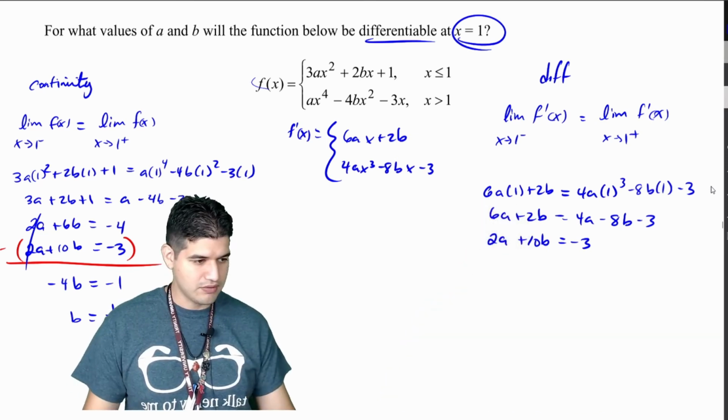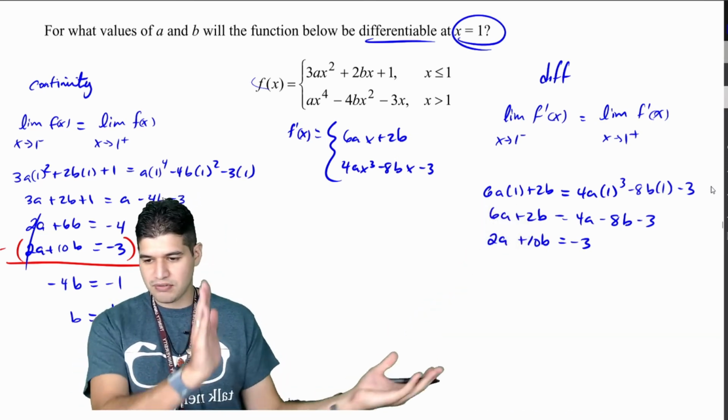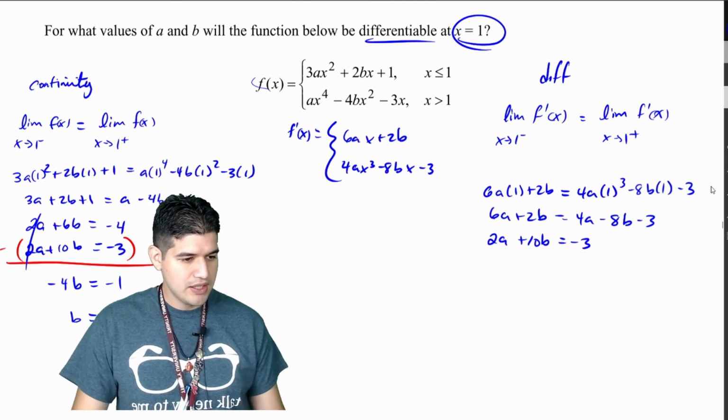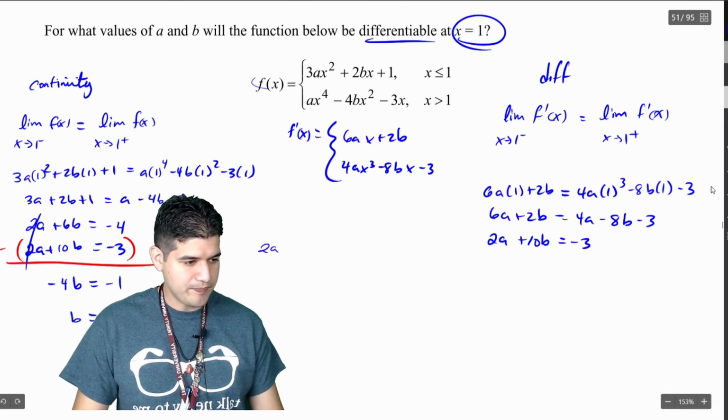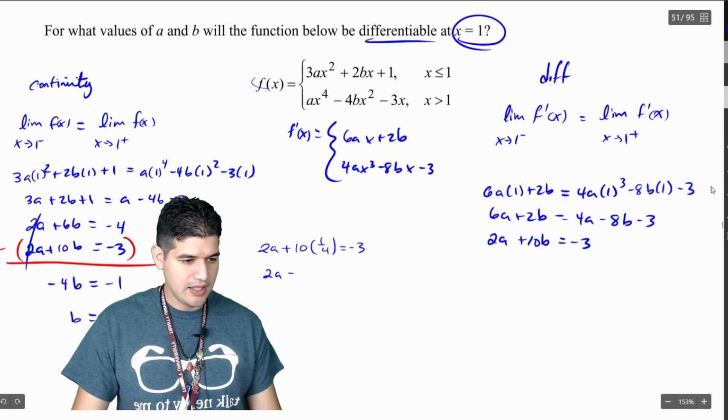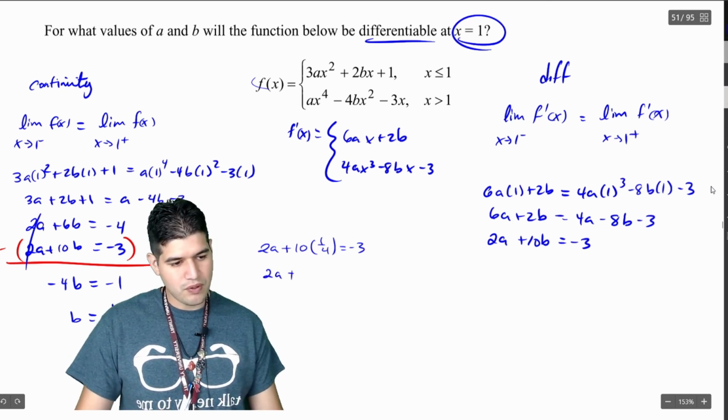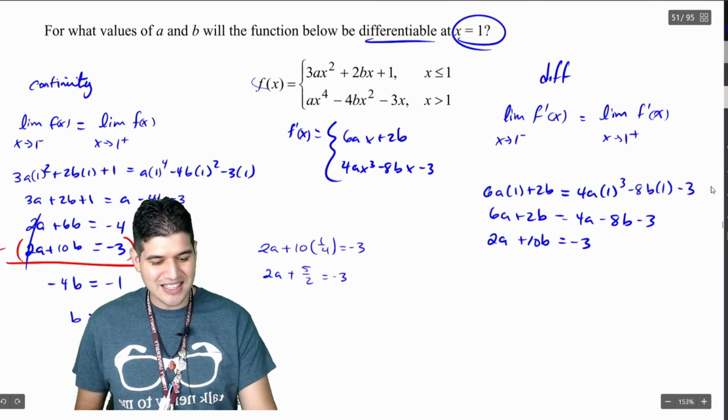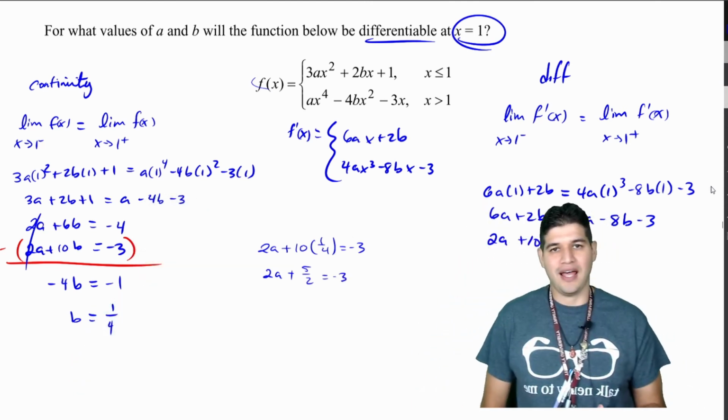So I'm gonna move over here real quick so I have some more space to write in this area. So I'm gonna say, okay, 2a plus 10b, which is now 1/4, equals -3. So I get 2a plus 10 over 4, which is 5 over 2, equals -3. And I've got a small trick that I do with that.